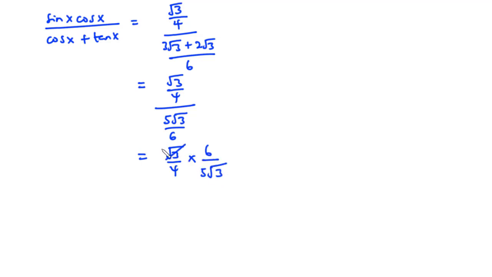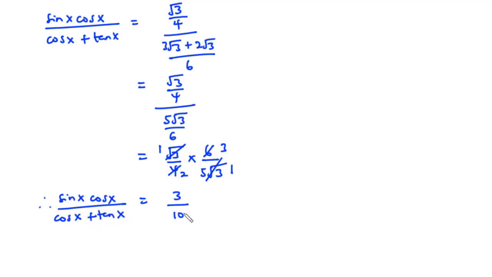So root 3 goes into root 3 once, 2 goes into 4 2 times, and 2 goes into 6 3 times. So we are left with 1 times 3 is 3, 2 times 5 is 10. Therefore, sine x cos x divided by cos x plus tan x is equal to 3 over 10, or better still 0.3.